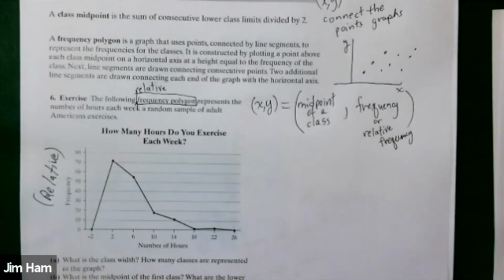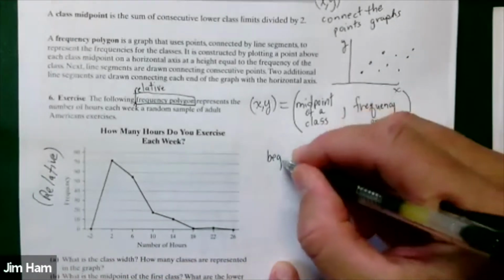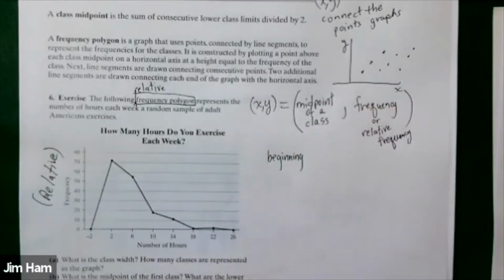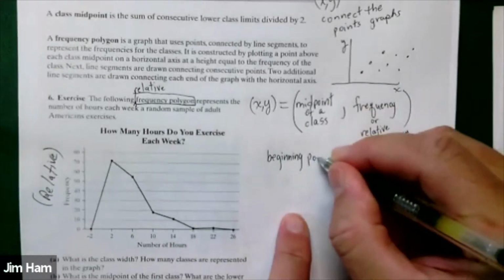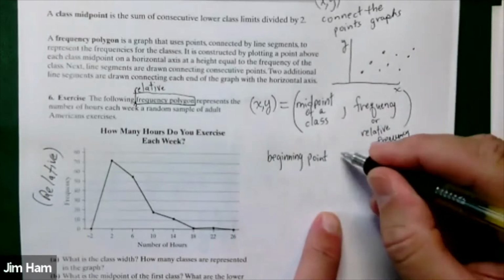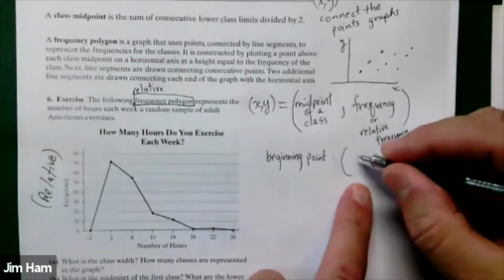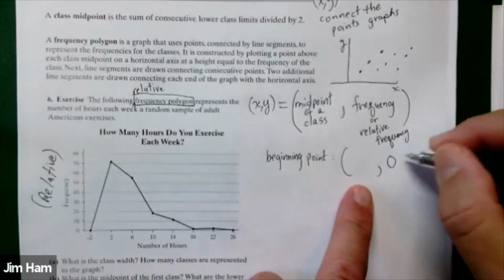Now, there are 2 points at the beginning and the end. The beginning point is some midpoint that's not part of our graph, and 0.